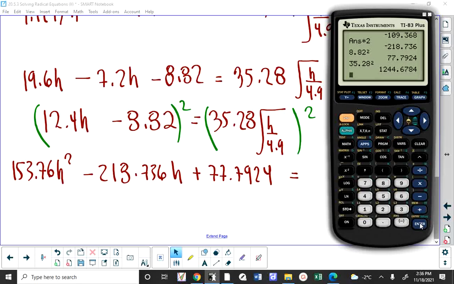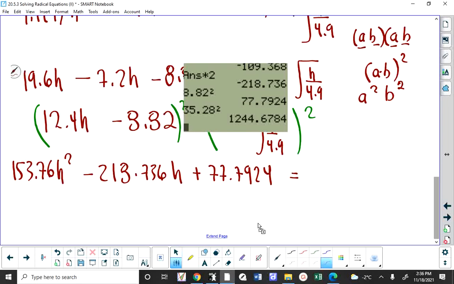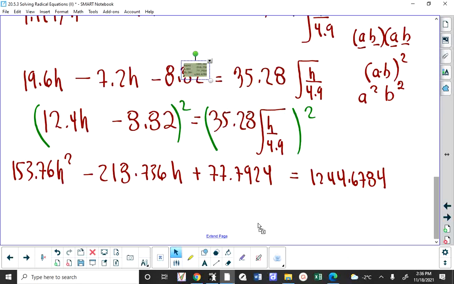And get 1244.6784. This is going to be multiplied by the square root of h over 4.9, which gives me h over 4.9.